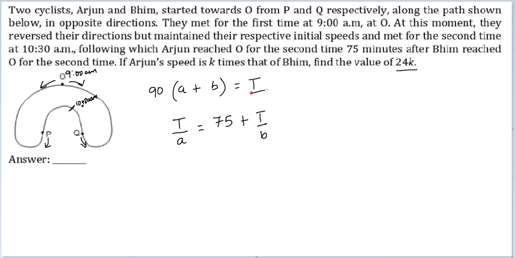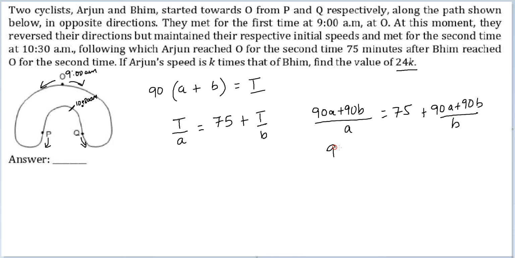Now all I have to do is replace this t in the expression below and get the relationship between a and b. So I get (90a + 90b)/a = 75 + (90a + 90b)/b.